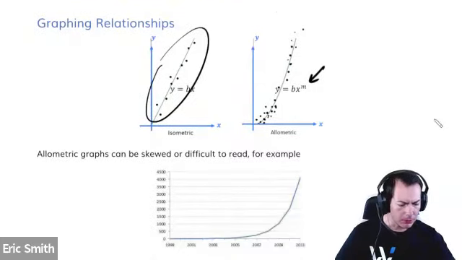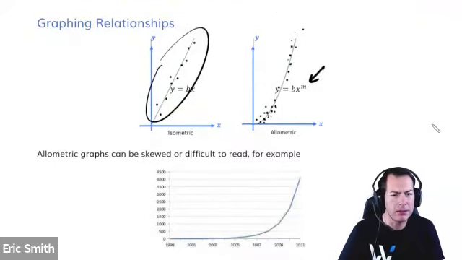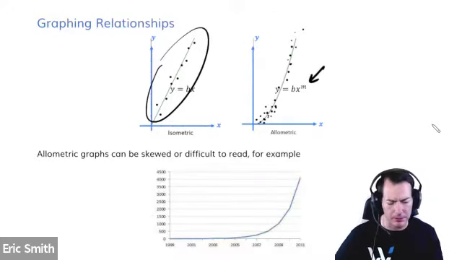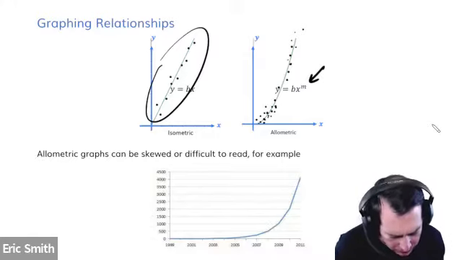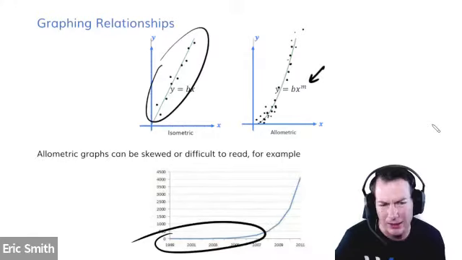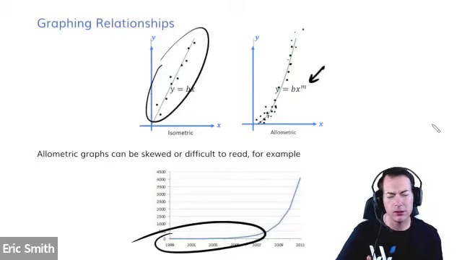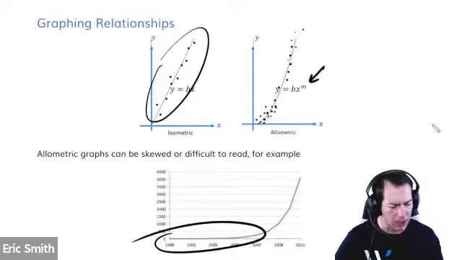Now here would be a good example of actually taking some data and getting a good sense of why we'd want to identify something like this. So when you're looking at allometric graphs or anything like that, they can be very difficult to read. I mean, look at this. A lot of our data looks almost flat near the bottom just because there's not a whole lot of growth going on initially.